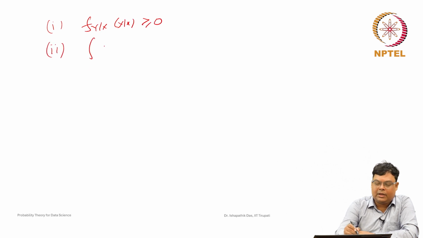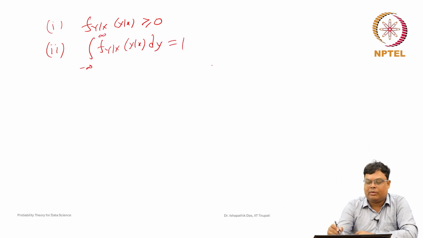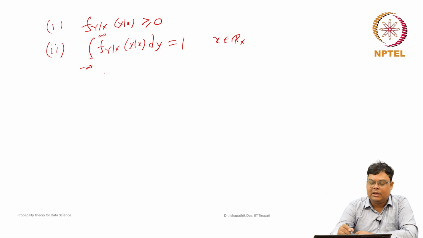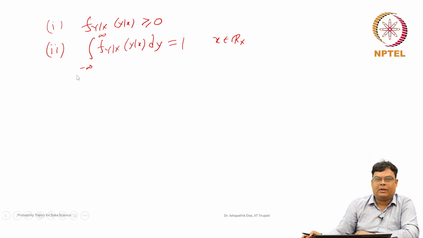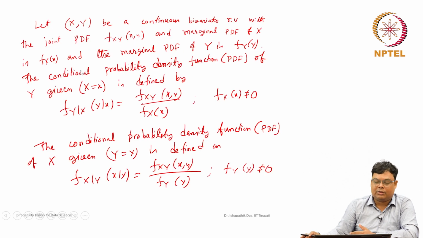Also, fixing any value of x, the integral of f(y|x) dy from minus to plus infinity is equal to 1, where x belongs to the range of X, because otherwise f_X(x) will be 0. So x has to be inside the range, then only this is defined. For the other cases it is defined similarly, analogous to the discrete cases.